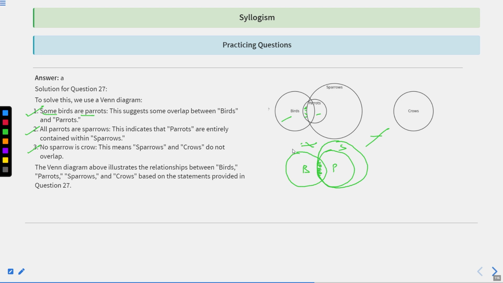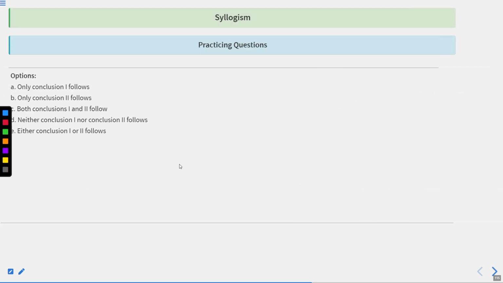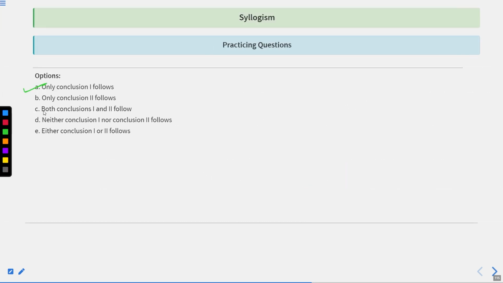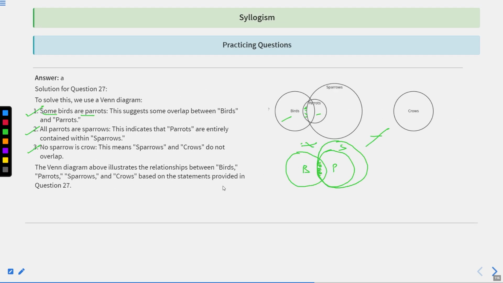This is something we will assume. And again, we cannot assume anything whenever we are solving syllogism questions of any type. So my dear students, the answer for this question will only be conclusion 1 follows. Why is it so? I suppose you have understood it. If not, in our upcoming lecture or in our next series, we will again point out those areas which have to be taken into consideration by the students in order to understand that some x are y doesn't mean that some y are not x.